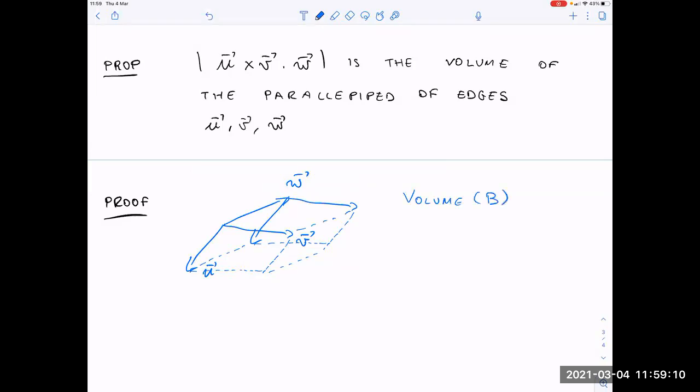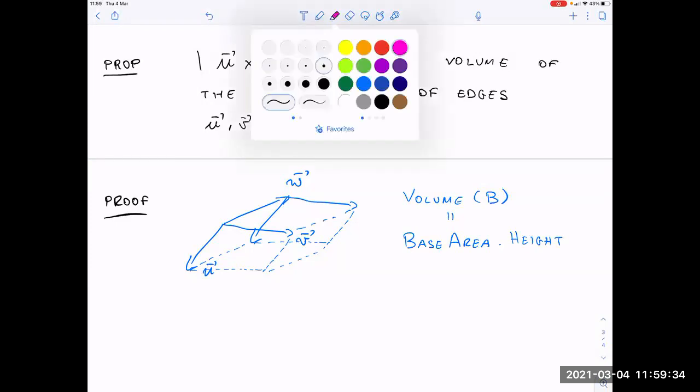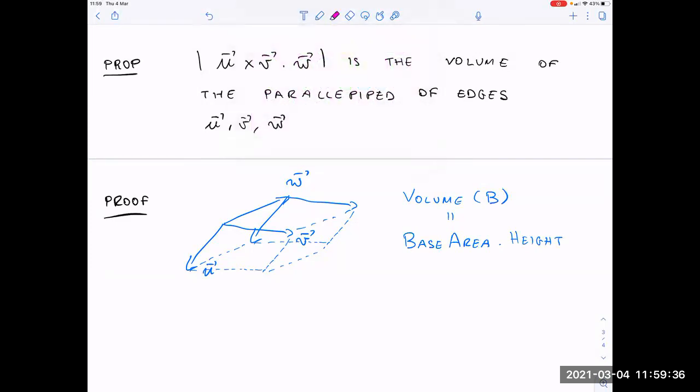And what is the volume of the box? The volume of the box is the base area, which is some number, which multiplies the height of the box. Okay, so the base area, hopefully, let's see if we can make anything nice here.